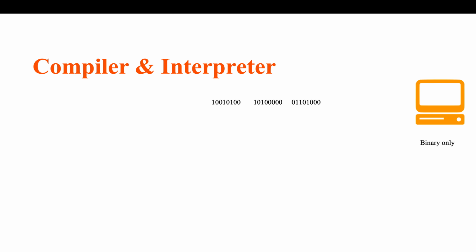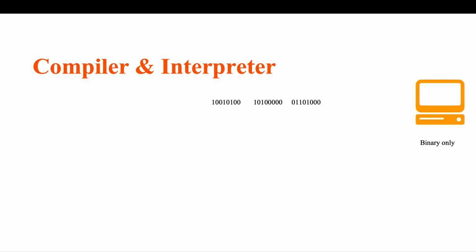Therefore, people who were experts in those codes used to write programs in those instructions, and that's the reason why a limited set of people had access to computers, because it required a lot of expertise on those instructions.